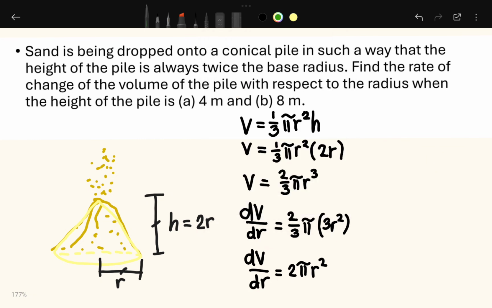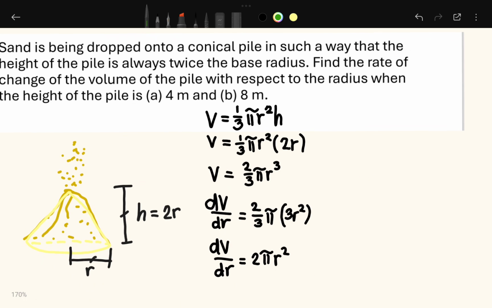Let's have dV/dr is equal to 2 times 4 squared, that is 2 times 16, that is 32 pi. So units in cubic meter per meter.